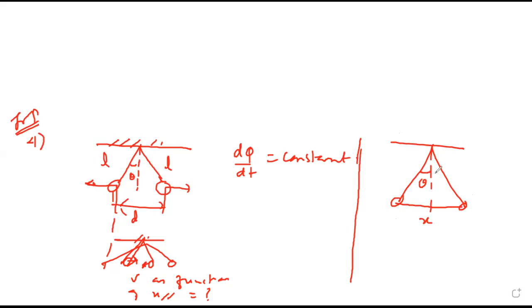This is the length of the string. Forces acting: mg downward, repulsive force outward, F due to charges. If I extend this, this is theta, this will also be theta. These two lines are parallel, these are corresponding angles. Theta, theta.